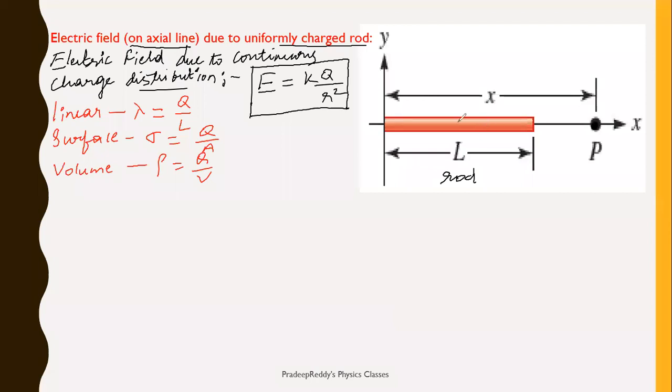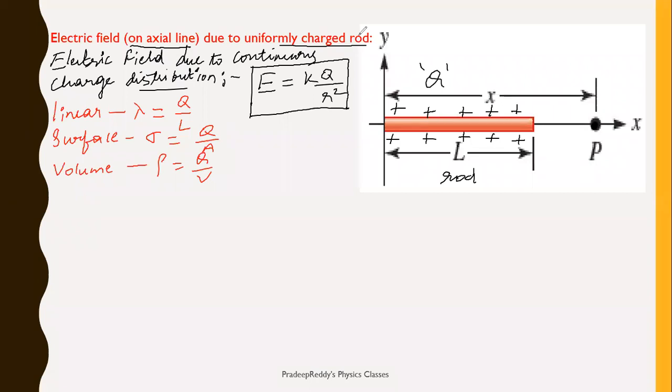The total charge distributed on this rod is plus Q. Let me consider that the total rod has charge Q distributed, and this charge is distributed along the line.